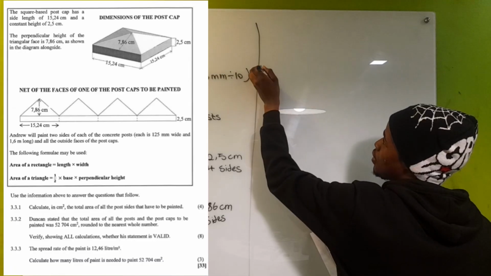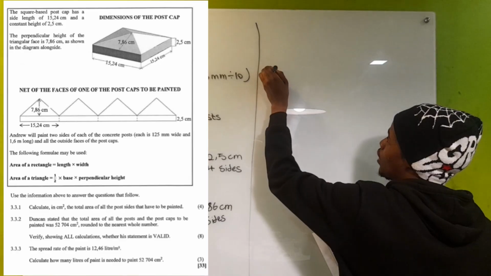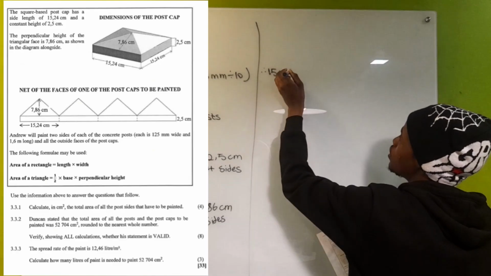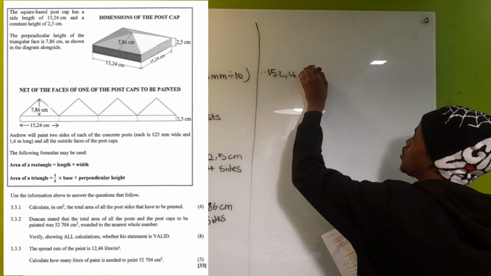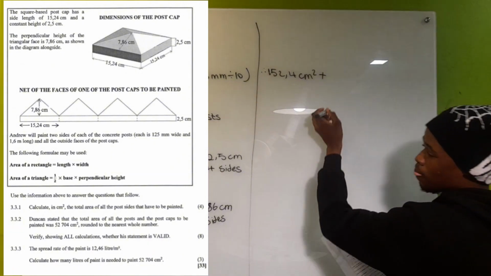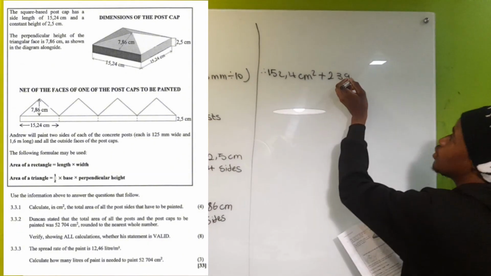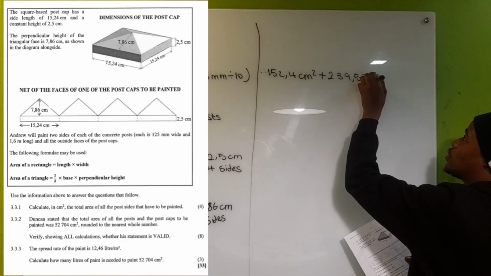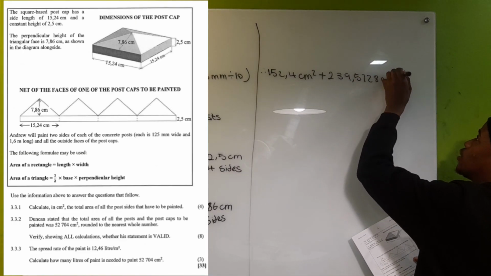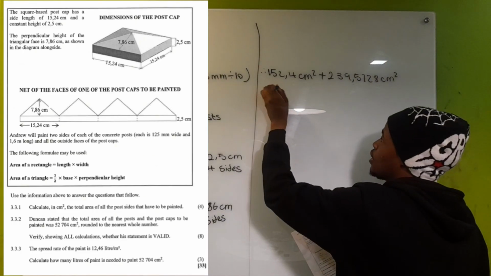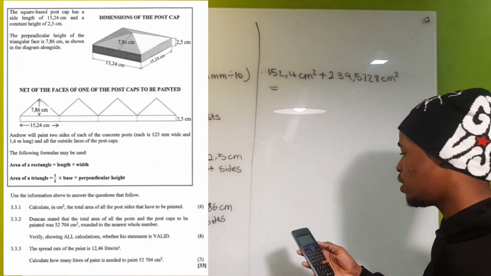So it's going to be 152.4 centimeters squared plus 239.5728 centimeters squared.